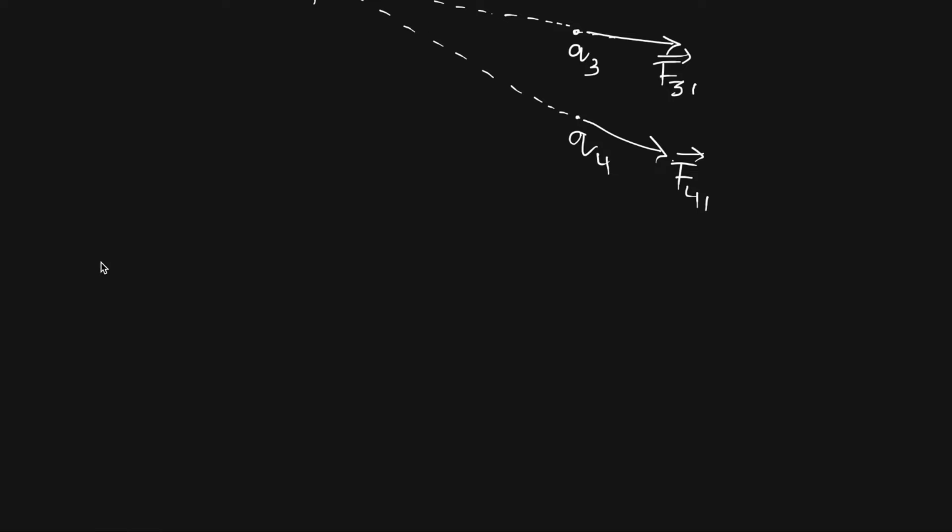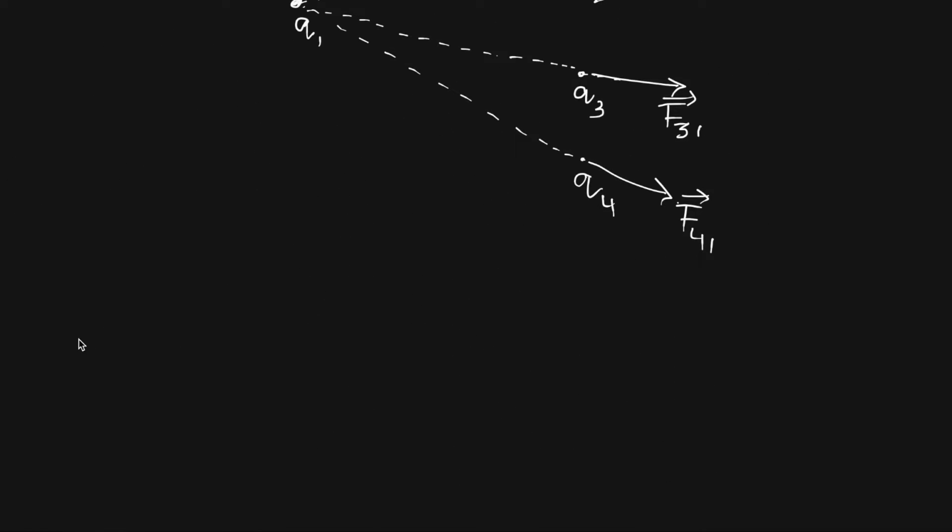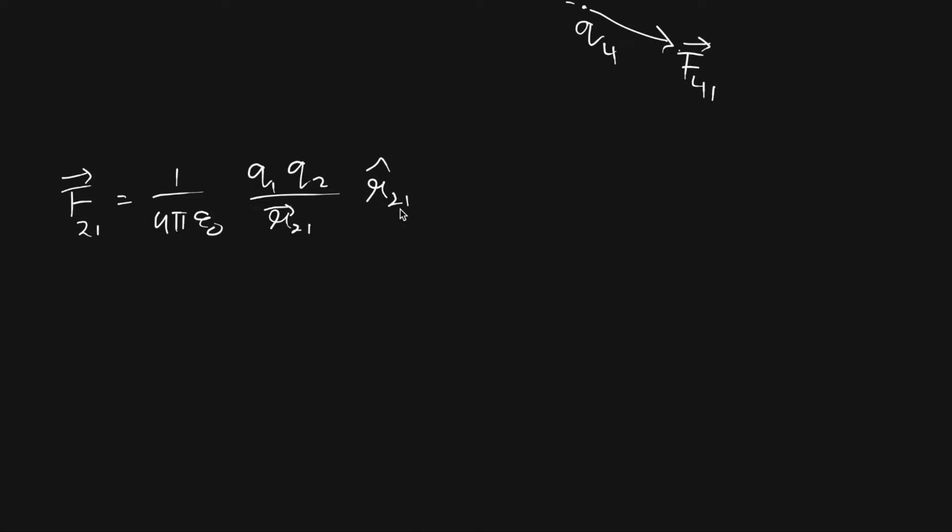Let's suppose the value of the F1 vector, we can write the force on the charge q1. I write F21 as 1 by 4 pi epsilon naught q1 q2 by r21 squared times the r21 unit vector.